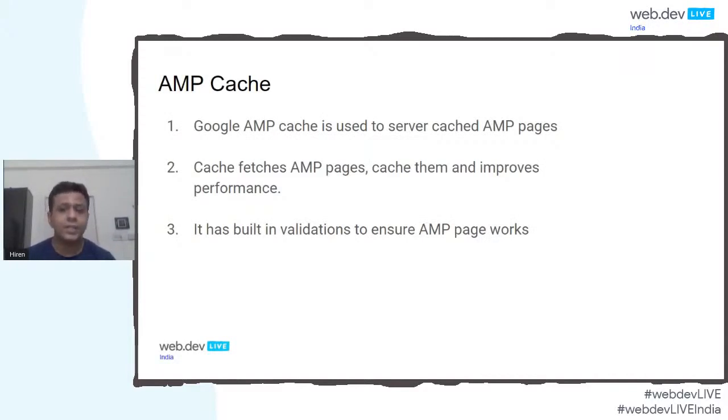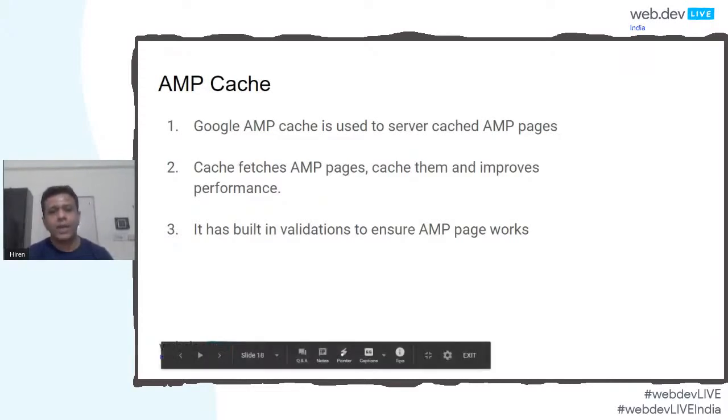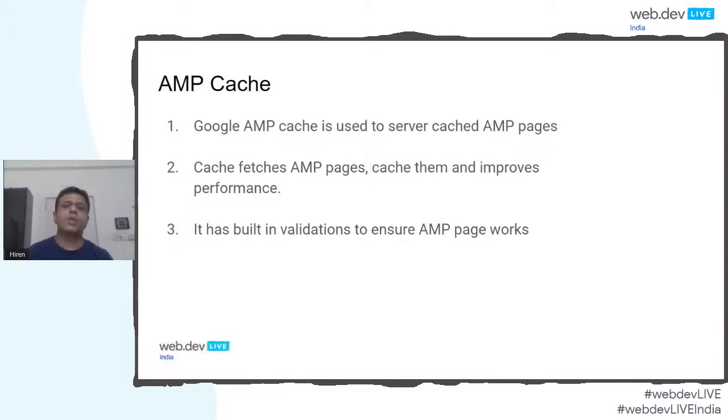There are validators for the AMP pages, and when Google Cache sees that there is an AMP page, it will cache it, and next time whenever it is required, it will serve the page from the cache and not from the original file. That way it drastically increases your web performance, because all your pages are coming from the cache.